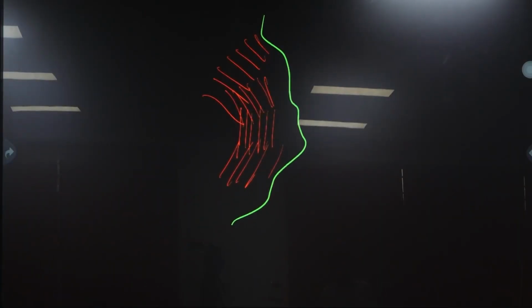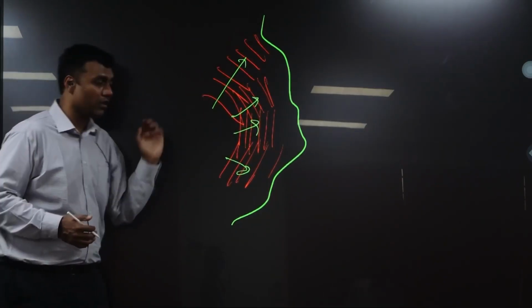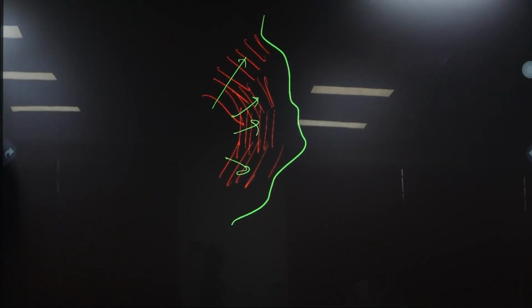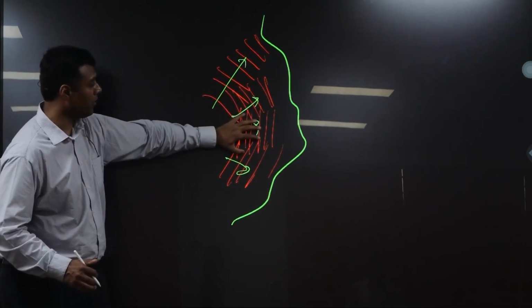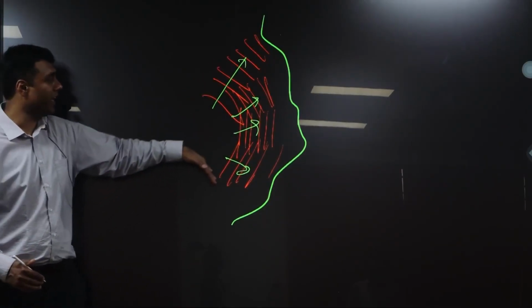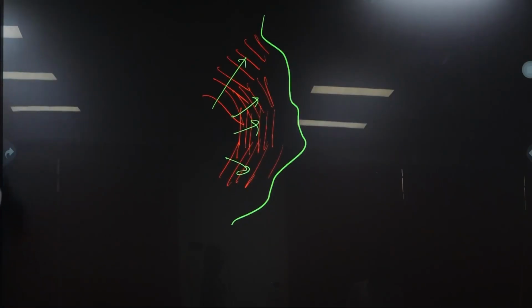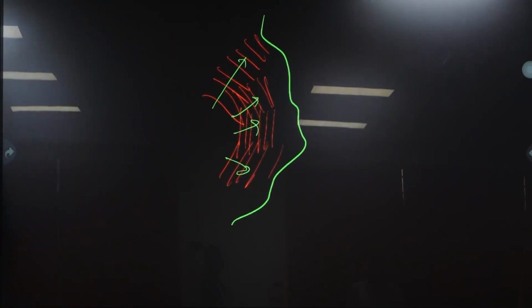The question is, how much of each of these plane waves? What is the amount of each plane wave you need to add to construct this shape? That amount is called the Fourier coefficients. So maybe you use 1 unit of this plus 0.5 of this plus 1.5 of this plus 10 of this. You add up a weighted sum of all these plane waves, which gives you the overall wavefront, and this weighted sum is essentially a Fourier transform.